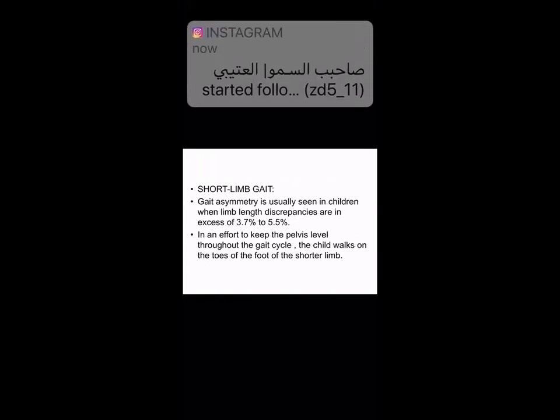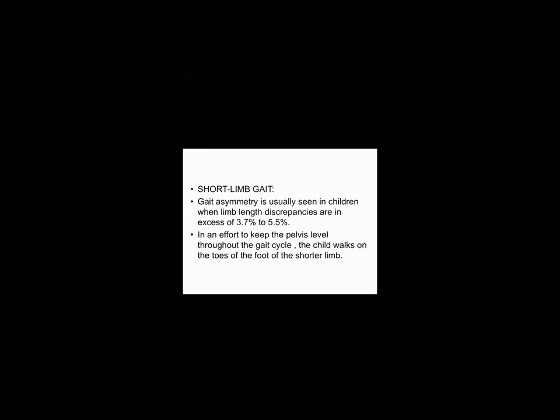If it is less than that, sometimes it is very difficult to see short limb gait, because the child will compensate by having a little bit of plantar flexion or flexing the knee, which if you don't pay attention from both profiles, sagittal and coronal, you might not see it. While if the shortening is more than 3.7, you will see the short limb gait.